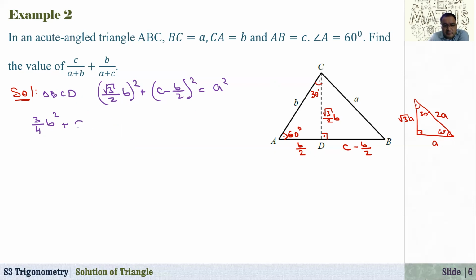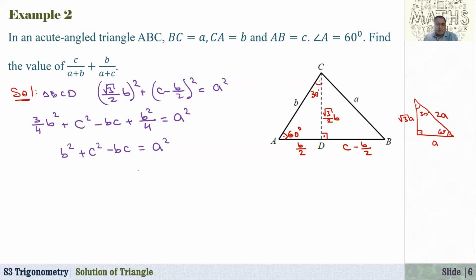So here we have C squared minus BC plus B squared over 4 is equal to A squared. So this is gone, right? Actually, 3 over 4 B squared plus B squared over 4, that's equal to B squared, and plus C squared minus BC is equal to A squared.